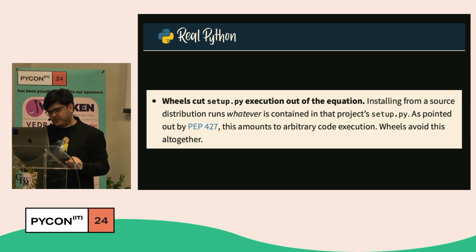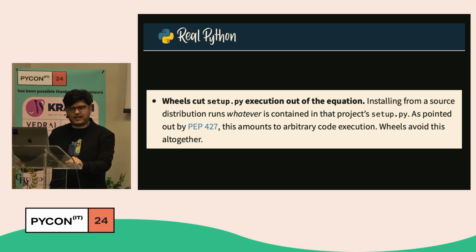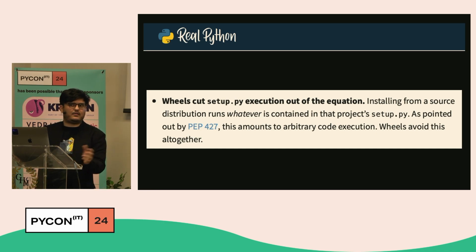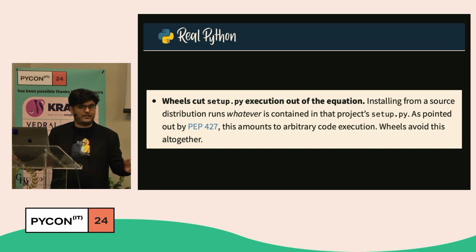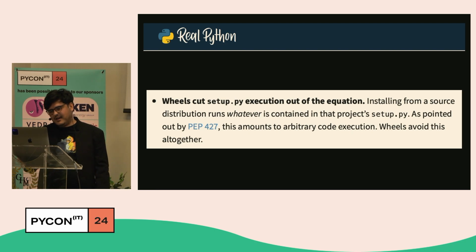Installing from a source distribution runs whatever is contained in that project's setup.py. As pointed out by PEP 427, this amounts to arbitrary code execution. Wheels avoid this altogether. Now, I'm not sure I understand the point here, because sure, you don't run this setup.py, you're just running my binary blob that you have no idea what's inside. So I don't understand exactly the nature of this claim.